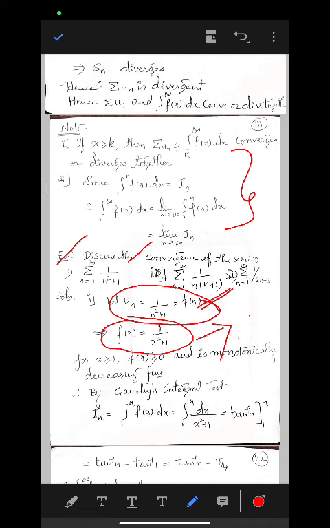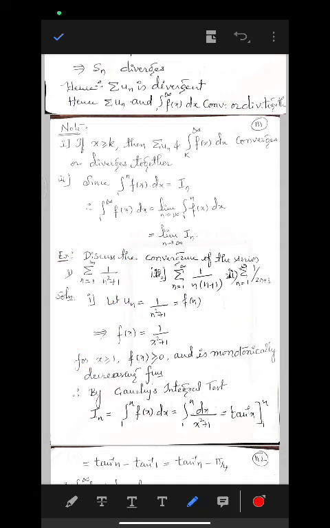For x greater than or equal to 1, according to the Cauchy's integral test statement, we need to check how the given function should be. For x greater than or equal to 1, whether f of x is greater than or equal to 0, that you need to check first, right? For x greater than or equal to 1, this f of x must be greater than or equal to 0. Check it out.